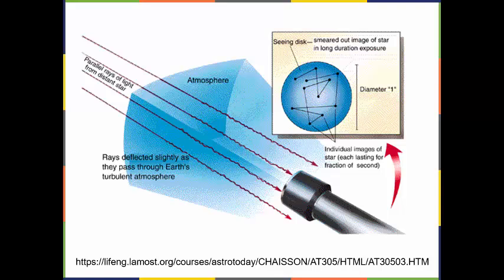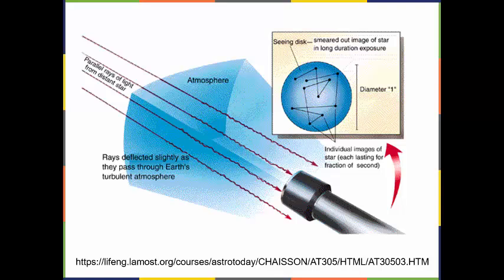Another problem we have with making images is called seeing. What happens is as light travels through the atmosphere, if you think about it, the atmosphere isn't uniform all the way out. So for instance, there's different amounts of water vapor. So as it travels through the miles of atmosphere, the light refracts one way and then it refracts another way.